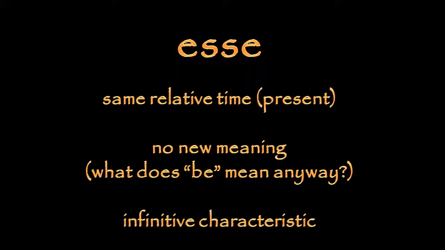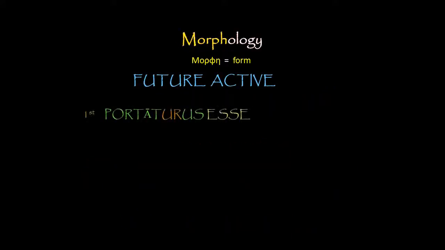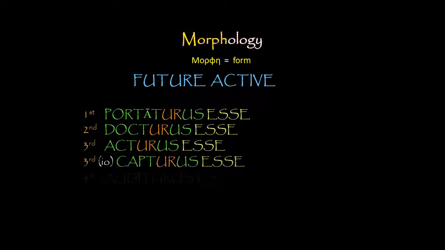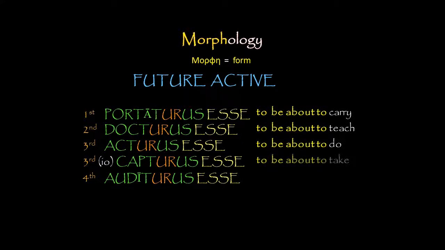Then when we bring esse, the infinitive of the verb to be, we bring no new relative time, no new meaning, but we do bring the infinitive characteristic. This results in portaturus esse, docturus esse, acturus esse, capturus esse, and auditurus esse.